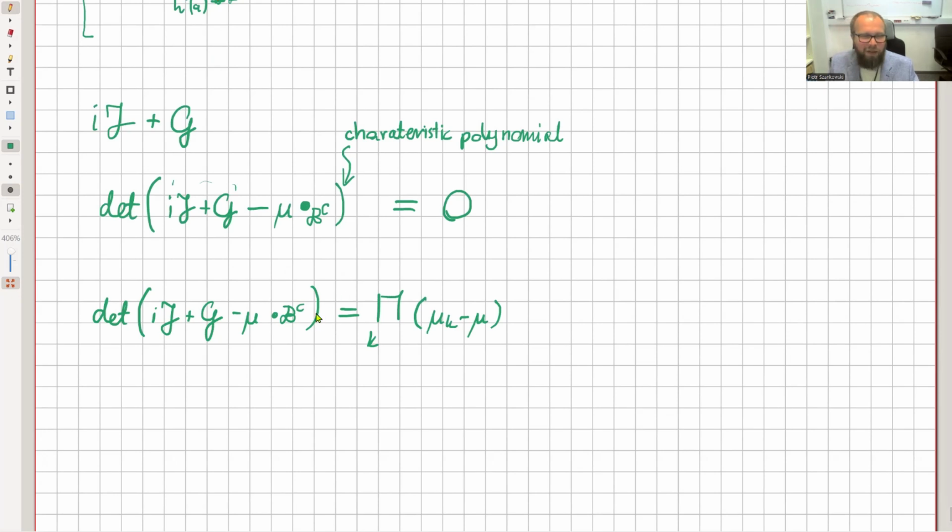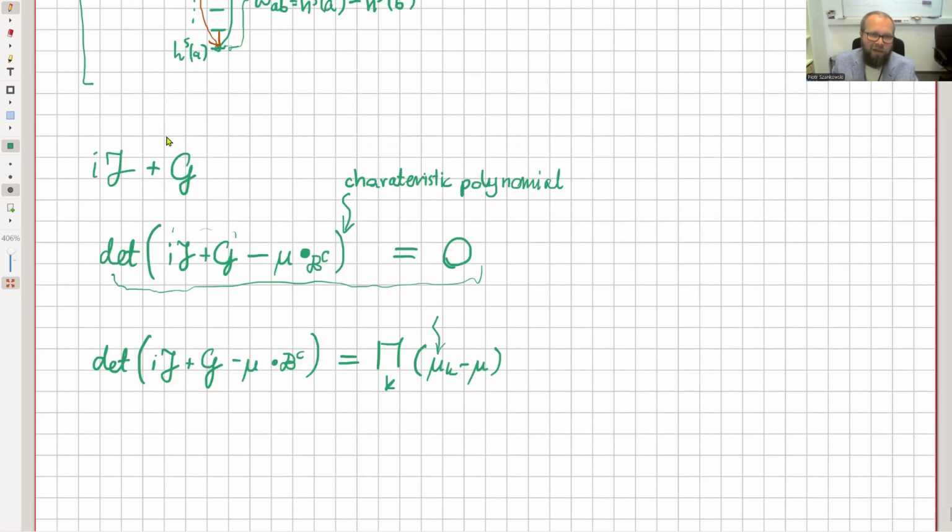You have a polynomial; if you know its roots, you can always write it in this canonical form, where the mu_k are the solutions of this equation, the roots of the polynomial, and those mu_k are the eigenvalues of this matrix.